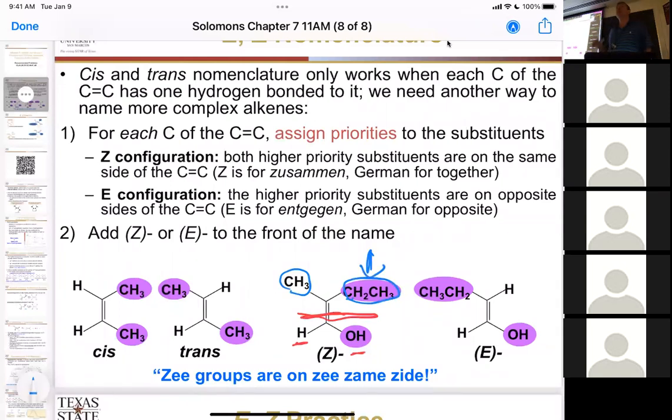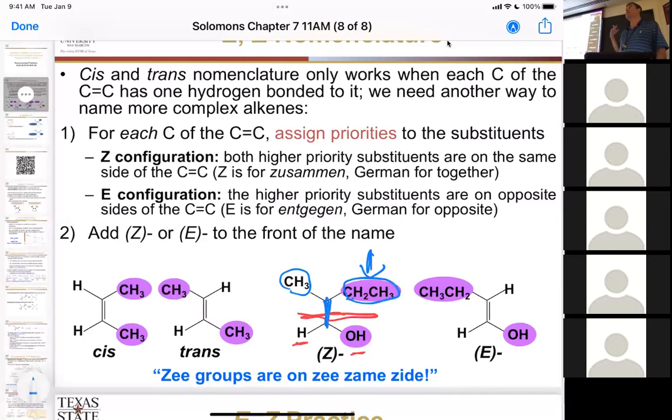Now we know exactly which two things have the highest priority. And when we look at which side of the double bond they're on, they're both on the same side of the double bond. So we actually have a new name for this. We call it zusammen. Zusammen is German for same or together. And the way you can remember it is Z, groups on the same side, is zusammen.